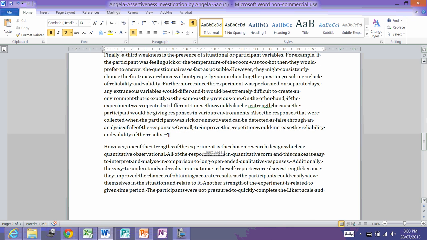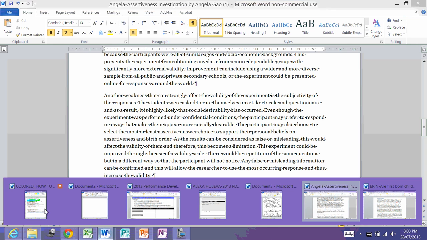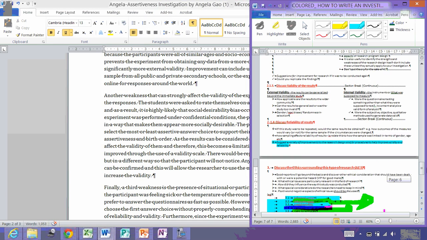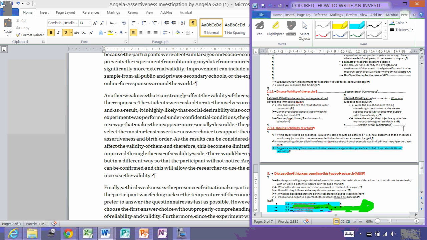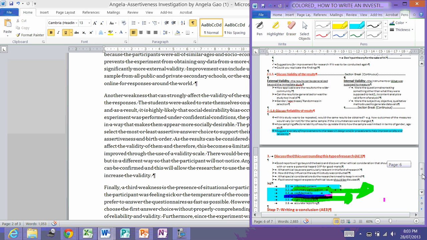Strengths, weaknesses. Okay, you have to go further, take it deeper. Use this as an example. Use these words. External validity, internal validity, reliability, and strengths and weaknesses. I see strengths, I see weaknesses with external validity, internal validity, and reliability.